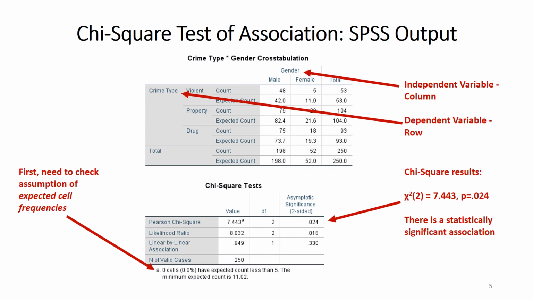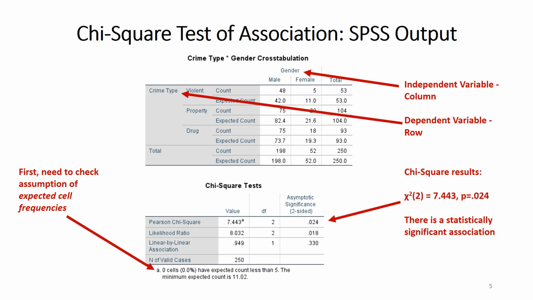In order to make sure that a chi-square test is valid, first of all, we have to make sure that our variables are appropriate. So for a chi-square test of association, both our independent variable and our dependent variable must be categorical variables. We mentioned that earlier. But a new one that we also have to make sure of is what we call the expected cell frequencies count.